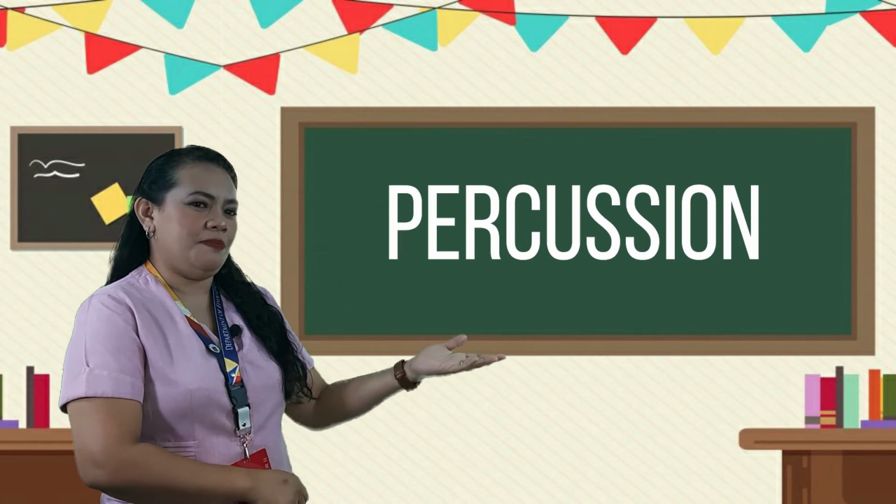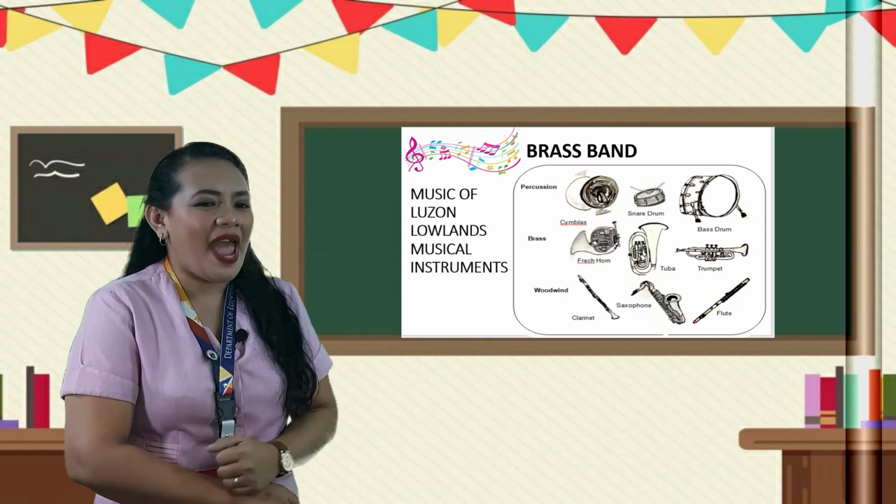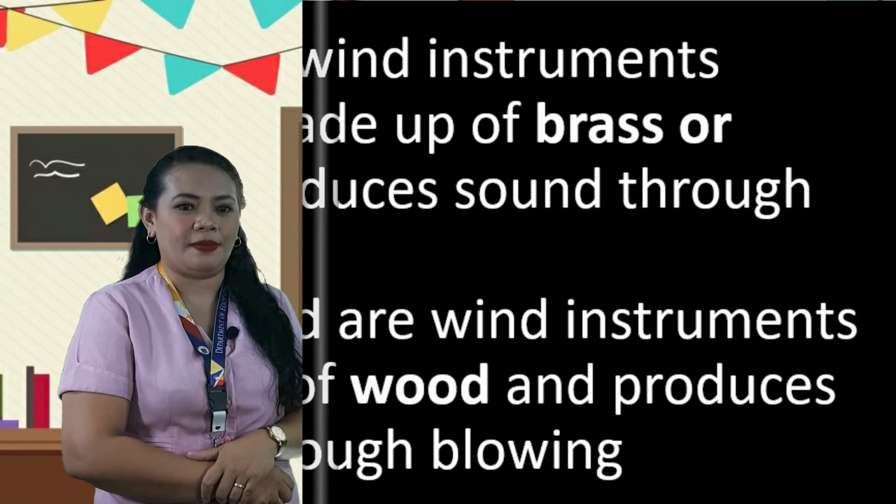Percussion instruments are sounded by striking, although other playing methods include rubbing, shaking, plucking, and scraping. The brass are wind instruments usually made of brass or metal that produce sound through blowing. The woodwind are wind instruments made of wood and produce sound through blowing.